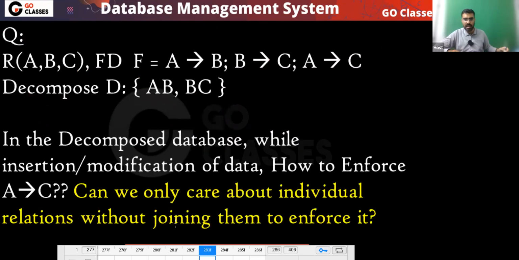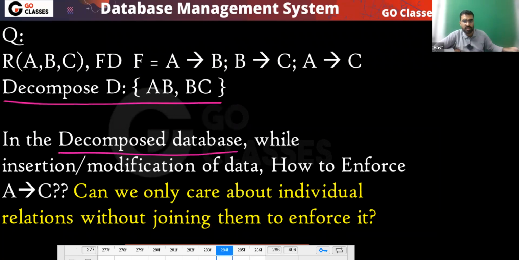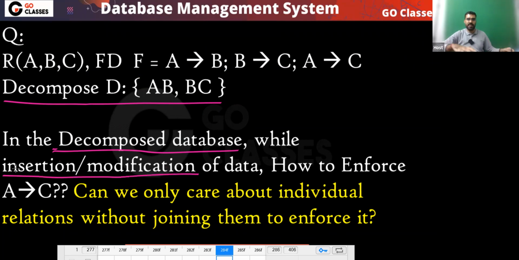Now a very simple question. Read it carefully. This decomposition is given to you, and I'm asking: in the decomposed database, while insertion or modification of data, because deletion will never create an FD violation, how do we enforce A determining C?